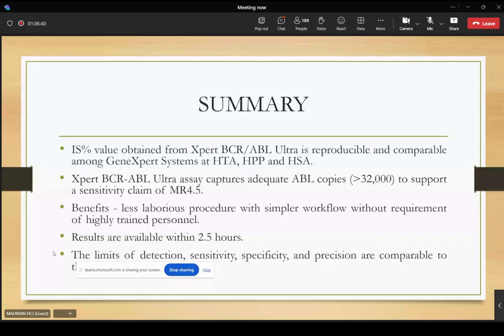Benefits: less laborious procedure with simpler workflow without requirement of highly trained personnel. So results are available within 2.5 hours. The limits of detection, sensitivity, specificity, and precision are comparable to the standard qPCR 4.5.